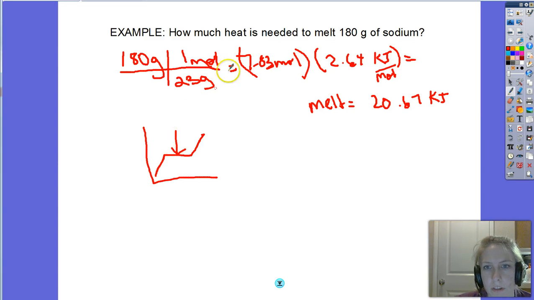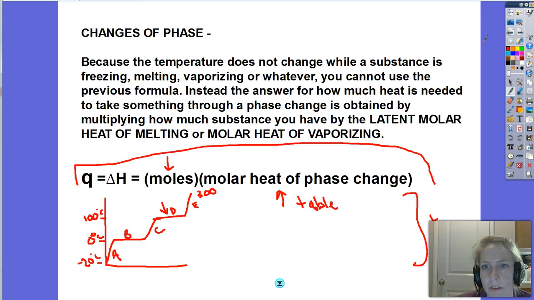That's why there's no temperature change in the problem, and that's why there's no temperature change in this equation. So if you're just going through melting, freezing, condensing, vaporizing, you're going to use this equation right here. Just moles times the molar heat of either vaporization or melting.